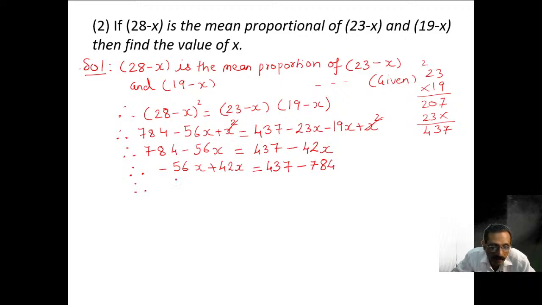Therefore, 56 and here 42. Be careful with the signs. Here minus and here we have got plus. When there is a minus sign and when there is a plus sign, what do we do? We generally subtract and take the sign of the greater number. So what is the greater number here? It is 56.